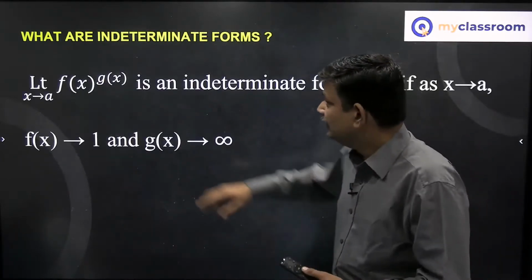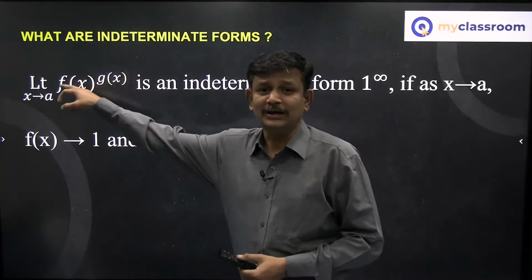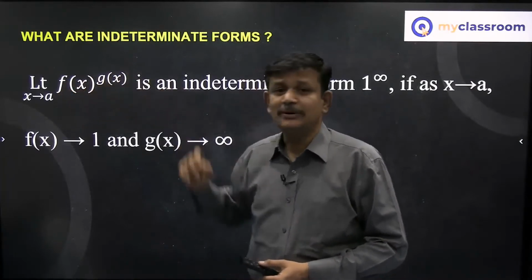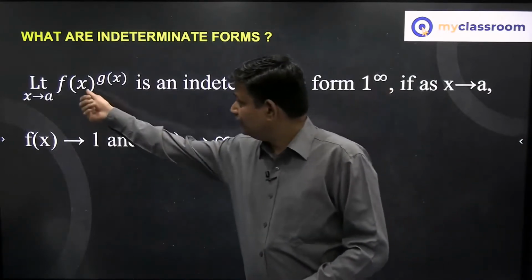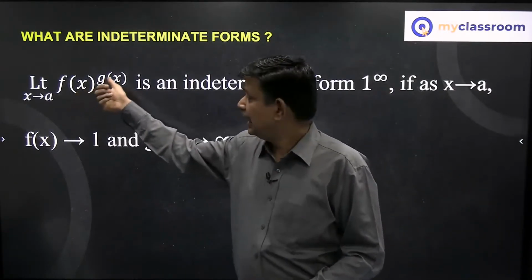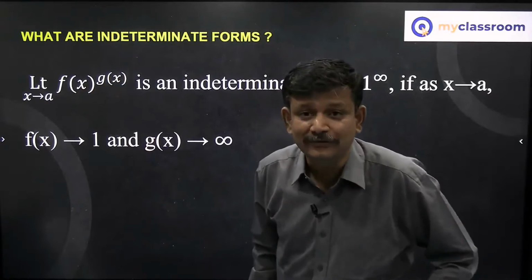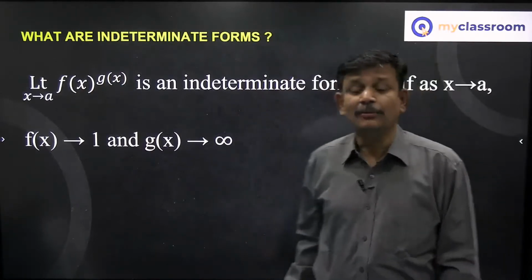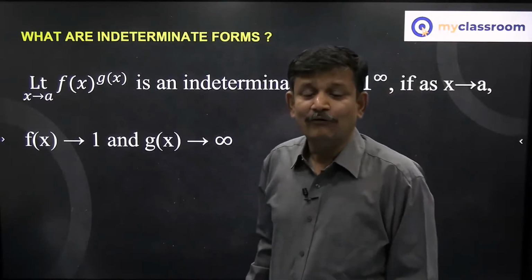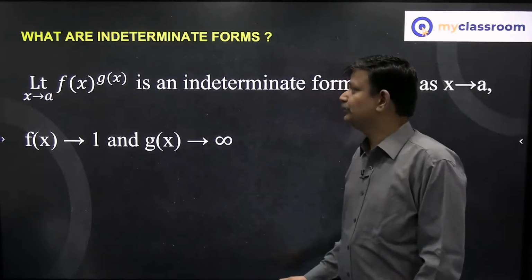And limit as x tends to a of f of x power g of x is of an indeterminate form 1 power infinity if f of x approaches 1 and g of x approaches infinity. So this is what indeterminate form is all about. Now let us see why they are called indeterminate forms.